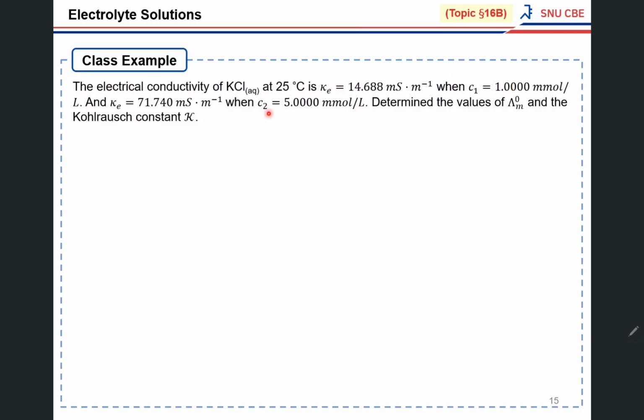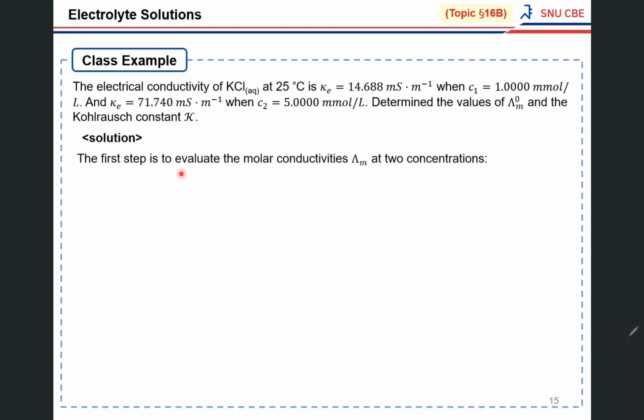At a different concentration of the salt, the conductivity is also given. If you increase the concentration 5 times, you have this value of the conductivity, and the question asks you to determine the value of the limiting molar conductivity from the Clausius law and the Clausius constant, the K here.